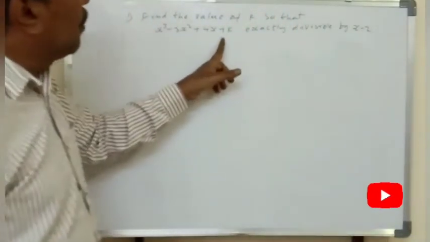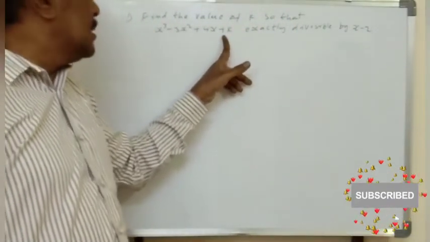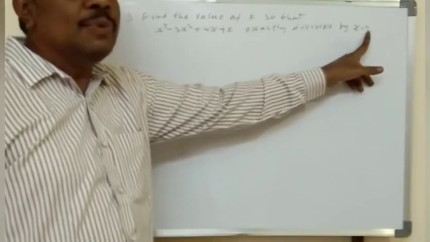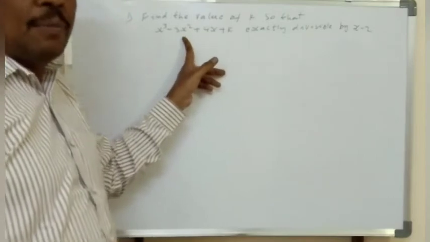So this polynomial is exactly divisible by x minus 2. That means x minus 2 is a factor of this given polynomial.